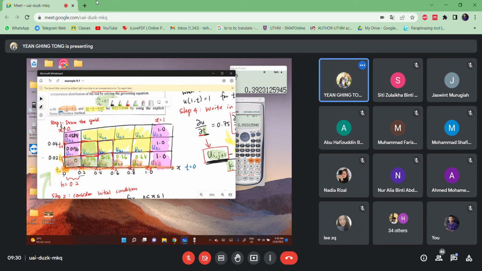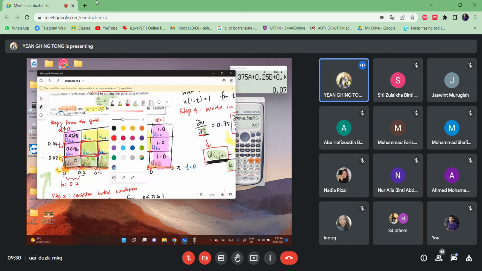This is U20, 0.16. C is 0.16. So I will get 0.07. So 0.07 is this value, U11. So right here, this is 0.07. Right. Now, I will move to the right.